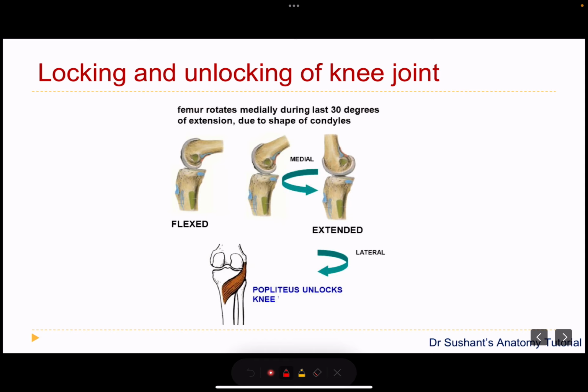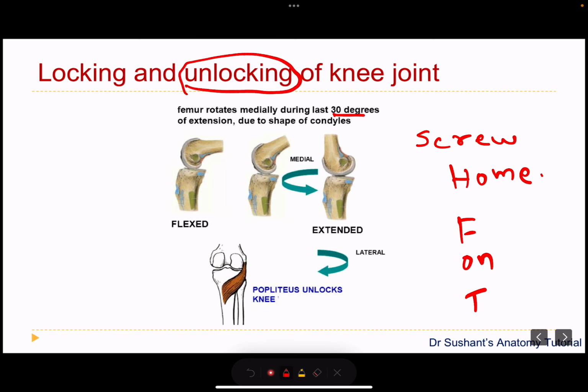Now we come to a very important aspect of the knee joint, the locking and the unlocking of the knee joint. During the completion of the last 30 degrees of full extension, it is achieved by the conjunct medial rotation known as the locking or the screw home movement of the femur on the tibia. So the locking of the knee joint takes place during the last 30 degrees of extension.